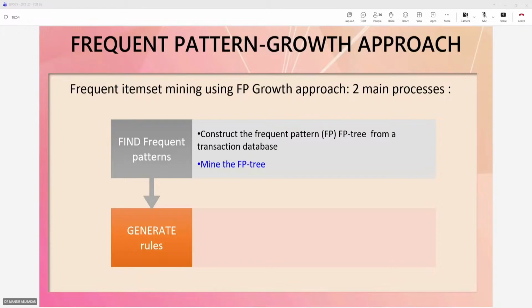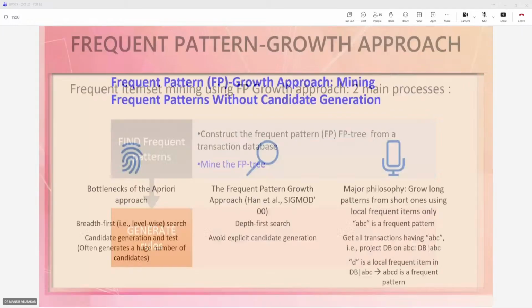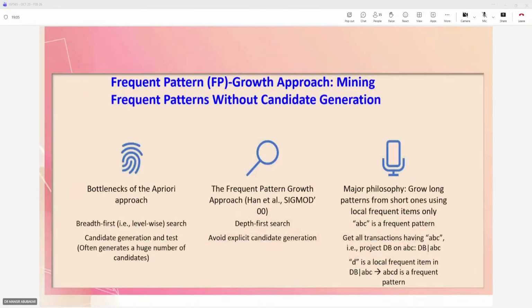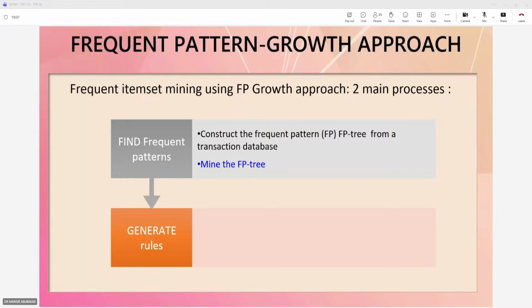We have done frequent pattern mining also in the Apriori algorithm, so now we are going to see it using the FP growth algorithm. This involves two main processes: one is finding the frequent patterns, and two is generating the rules. You remember, even in Apriori, we have to mine the frequent patterns and then generate the rules with different methods. So this algorithm also involves these two things.